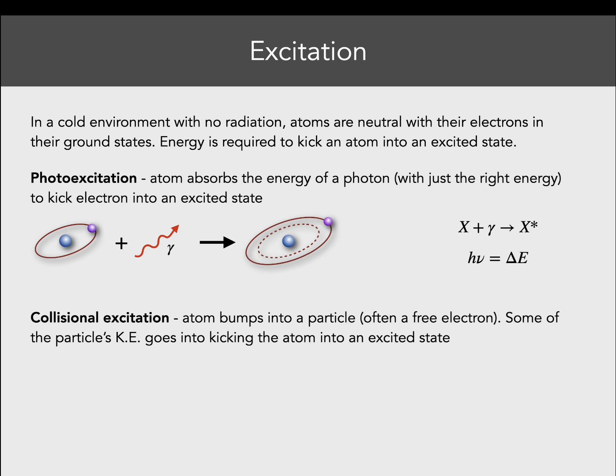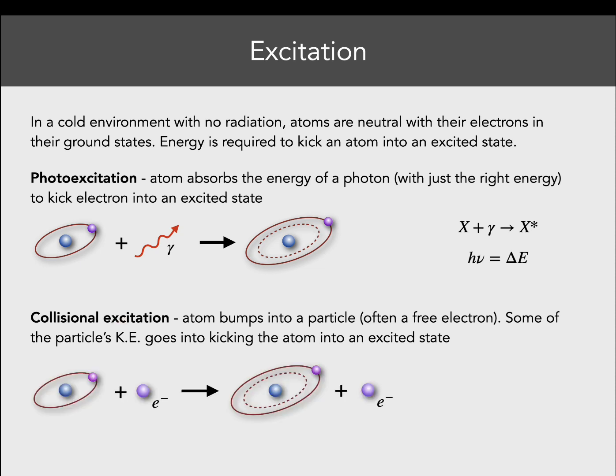The other way that you can excite an atom is through collisions. So in collisional excitation, a particle bumps into your atom, and it transfers some of its kinetic energy into the atom to lift it up into that excited state.